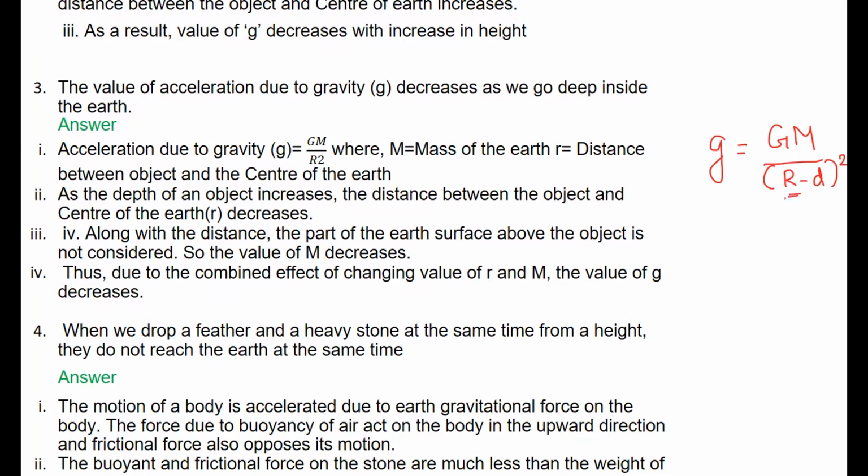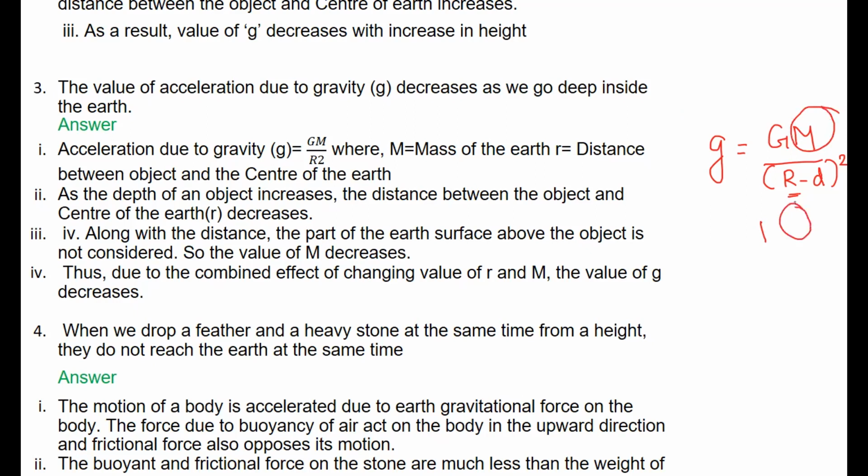At the same time, as we go towards the center of the earth, what will happen is the portion of the earth above the object is not considered. So the value of M will decrease, where M is the mass of the earth.